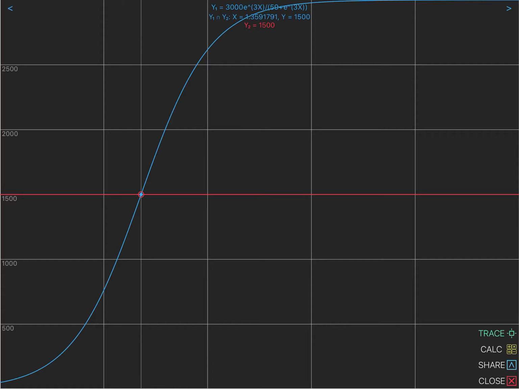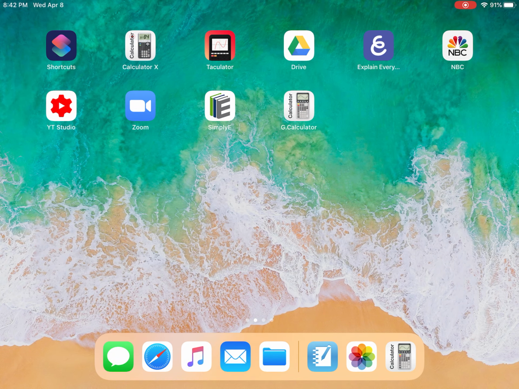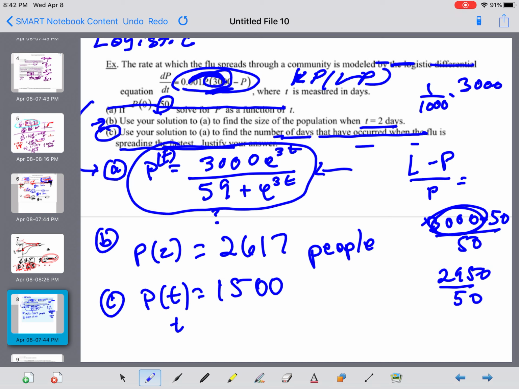It happens when X is, I don't know if you can see it at the very tip top, X is 1.359.